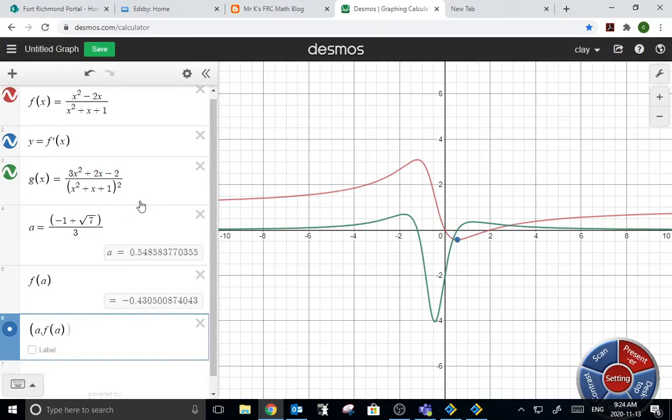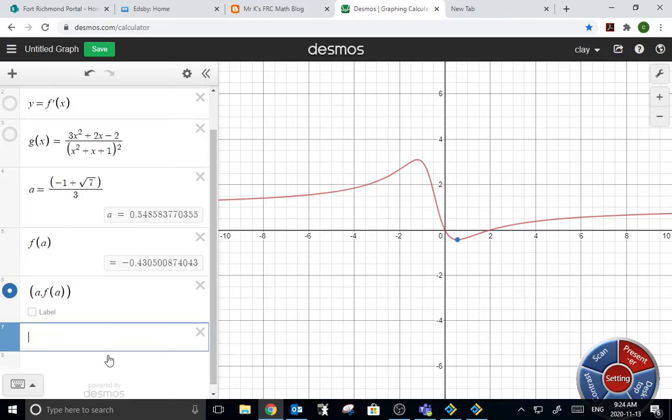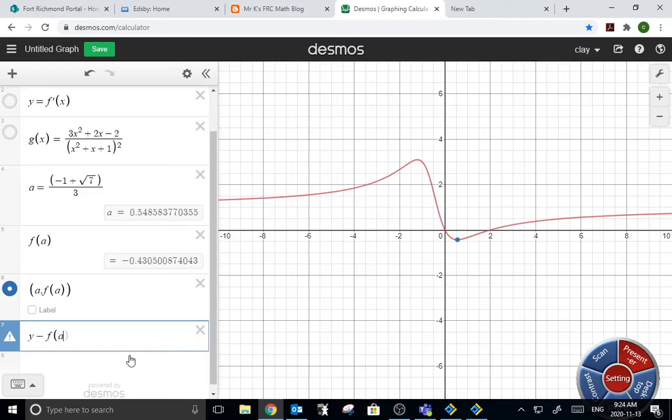There's that minimum point. Let me get this out of the way, and that out of the way. There's that minimum point, and I can find you the tangent at that point if I want to. I can find the tangent by going y minus f of A equals my slope.